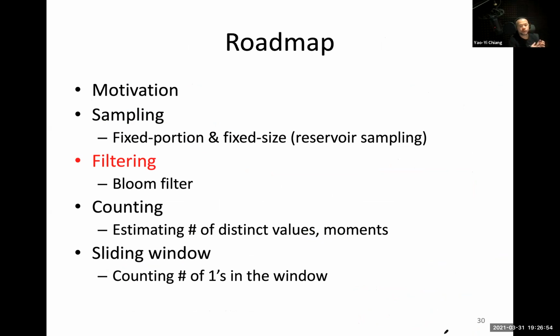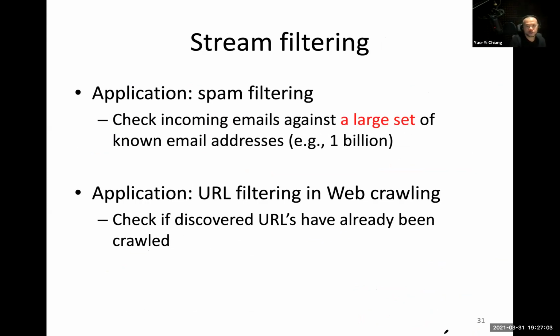The next topic I'm going to talk about is filtering. Specifically, we're going to talk about the Bloom filter. So stream filtering, a few applications here. The first one is a spam filter. A spam filter will check the incoming emails against a large set of known email addresses, say 1 billion, and see if this new incoming email is a spam email, right, based on the email address.